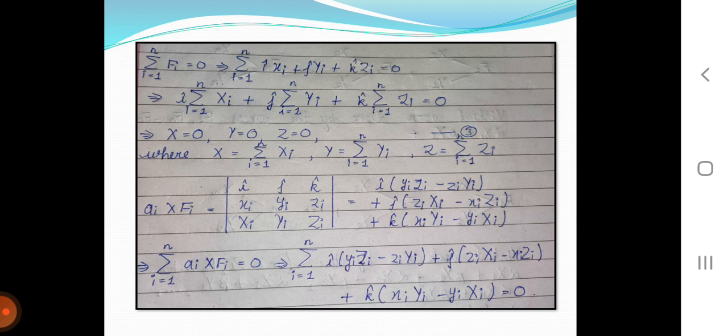We know that X equals 0, Y equals 0, Z equals 0, where X is summation of i equals 1 till n Xi, similarly Y and Z.